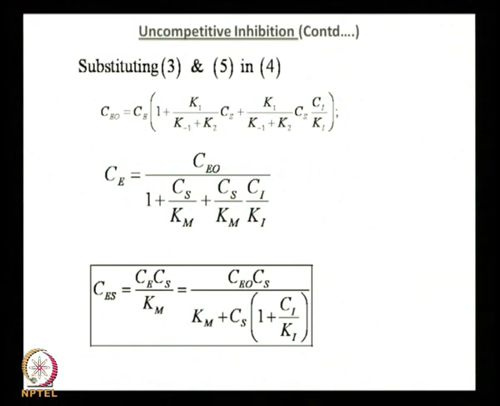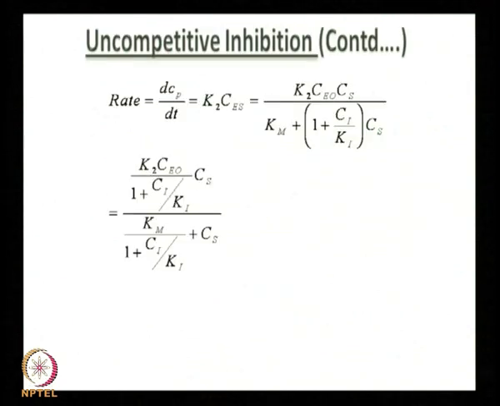So, what is the rate going to be? Simply K2 times CES, because the rate limiting step is the product formation step. So, what we will do is simply compute the rate here: the product formation rate is dCp dt equals K2 times CES.